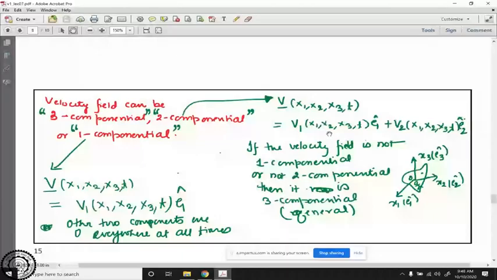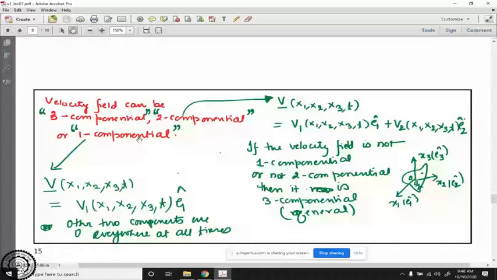But the fact is that the coefficient of e3 is 0. Such a velocity field I will call two componential. Or it has no e1 component. It has e2 and e3. Same thing, two componential. Or a velocity field can be one componential, in which only one component will be non-zero, e1 or e2 or e3, only one of the three. And if none of these are there, then it will be in general three componential.